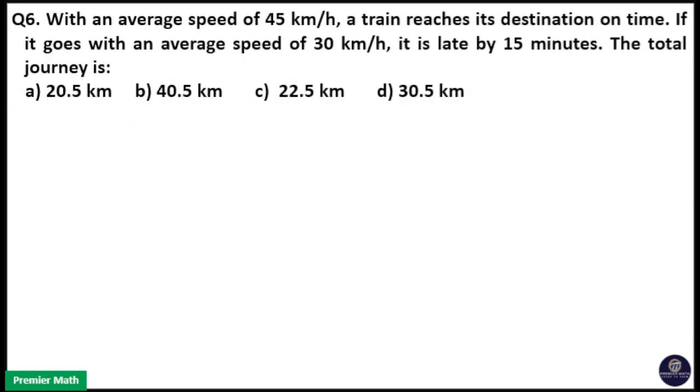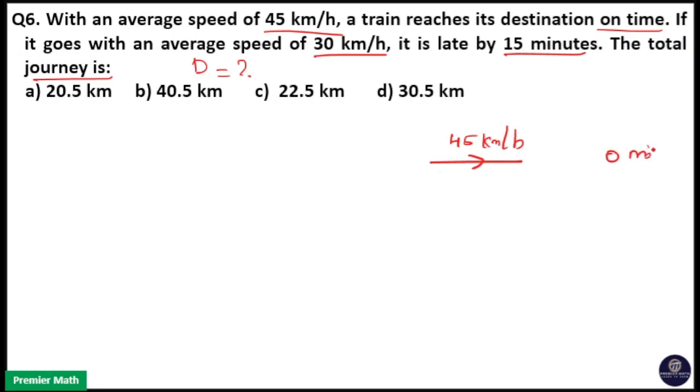Next is question number 6. With an average speed of 45 km per hour, a train reaches its destination on time. If it goes with an average speed of 30 km per hour, it is late by 15 minutes. The total journey is, that means we have to find the distance here. Total journey means distance. Here, when a train travels with 45 km per hour, it reaches on time, that is 0 minutes late.